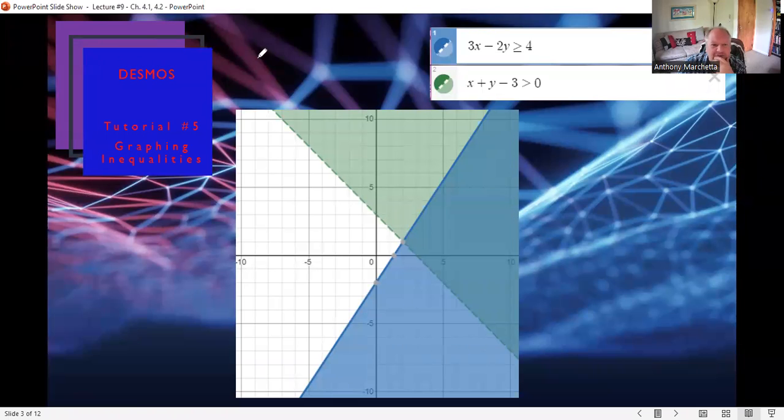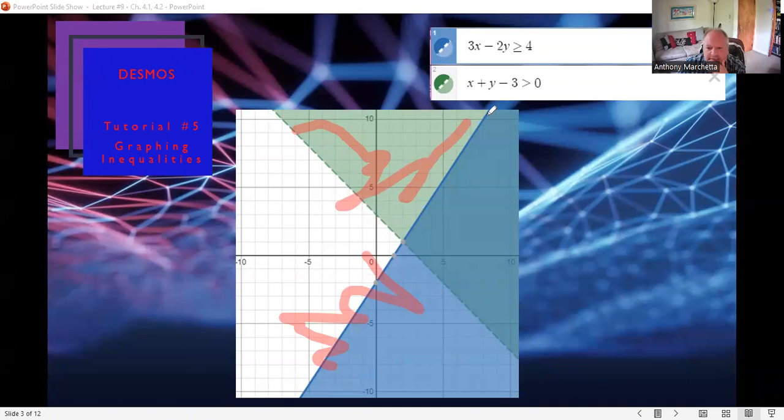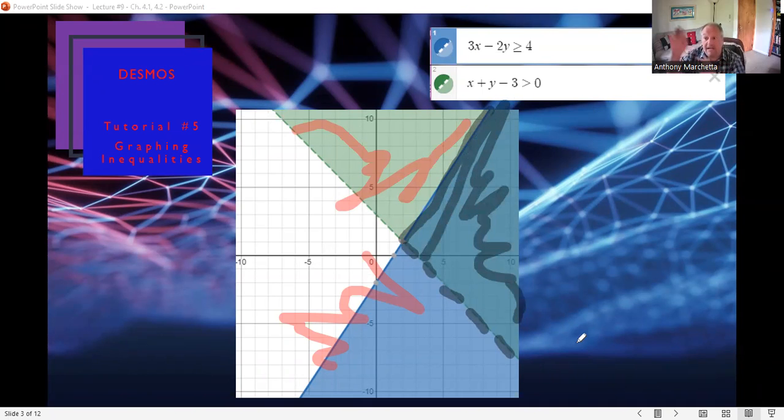I'm using a funny spray paint can here, so just bear with me. This piece right here is all gone, and this piece is all gone. And what you have only is this piece here, and then the dotted lines here, and then all the shading inside of there. That's the answer, not the red, just the black that I showed.